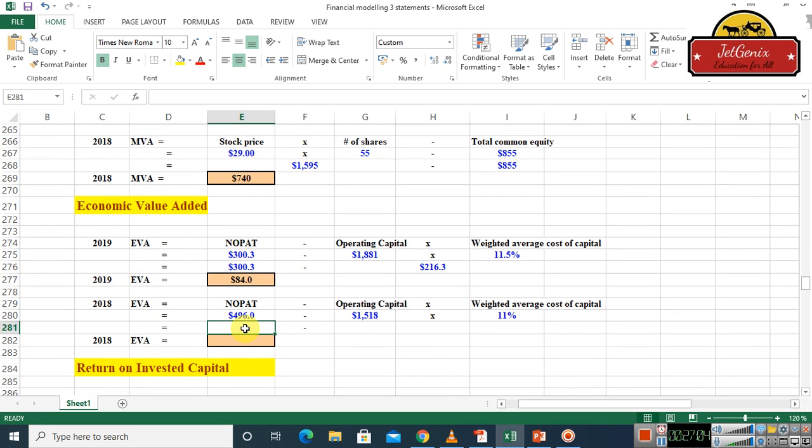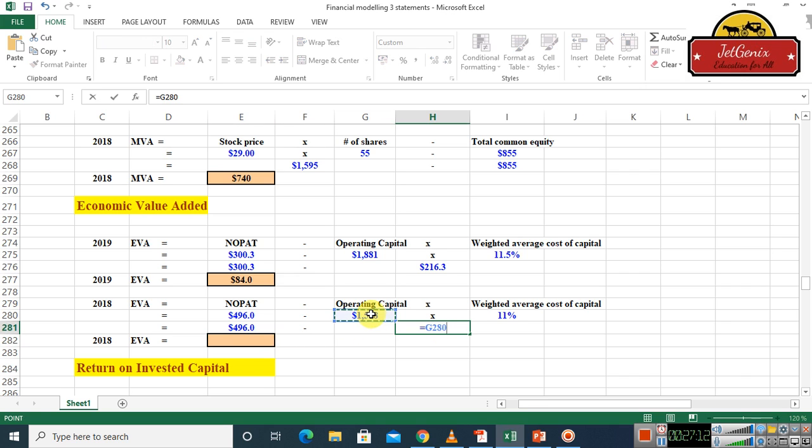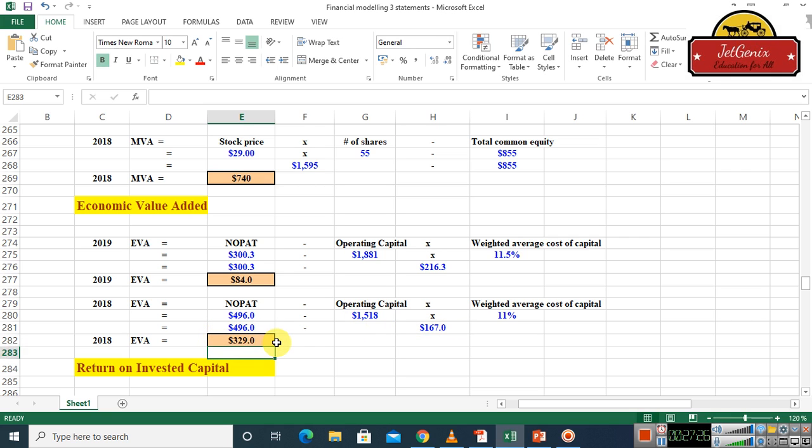In this cell I am going to multiply this amount by the weighted average cost. And now here I will calculate the EVA by selecting this one and subtracting this amount, and press enter. So this is the EVA for 2018.